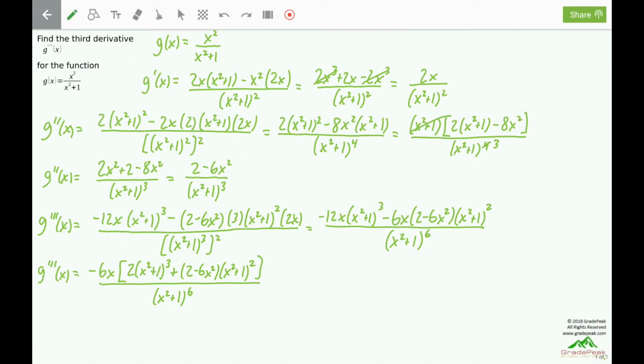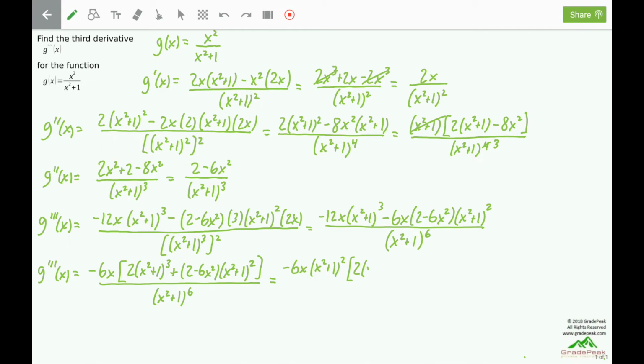We also have a common factor of powers of x squared plus 1 in each term. In the first term I have a power of 3. In the second term I have a power of 2. I can factor out the lower of the two powers. So that will be the power of 2.